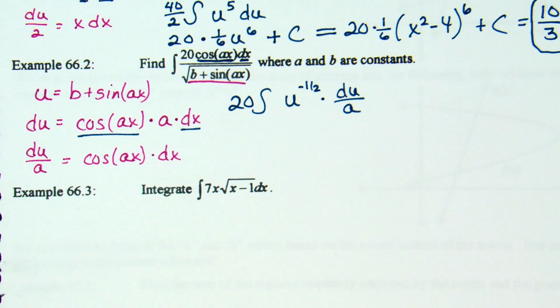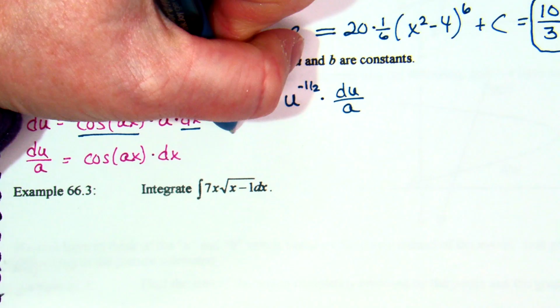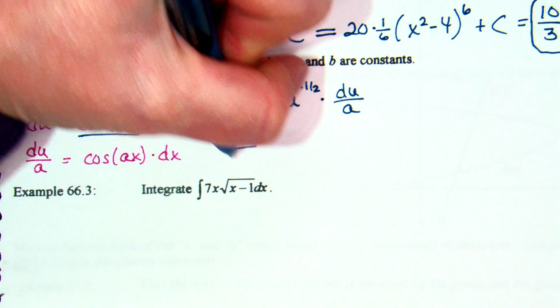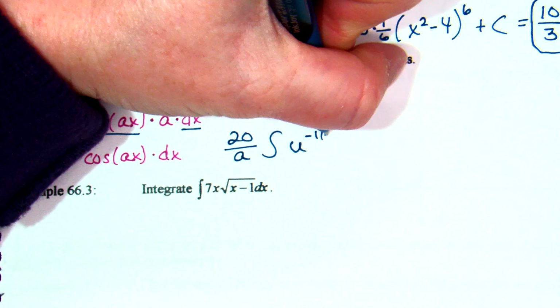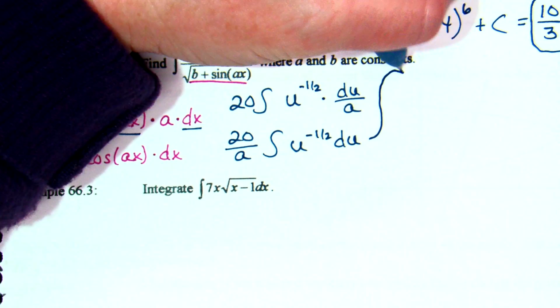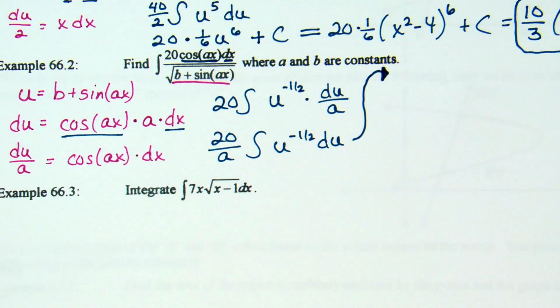What can I do with that a? Take it out front. Okay, so just kind of clean up everything. And so I'm going to have 20 over a times the integral of u to the negative 1/2 du. And now we're to the point of basic integration.